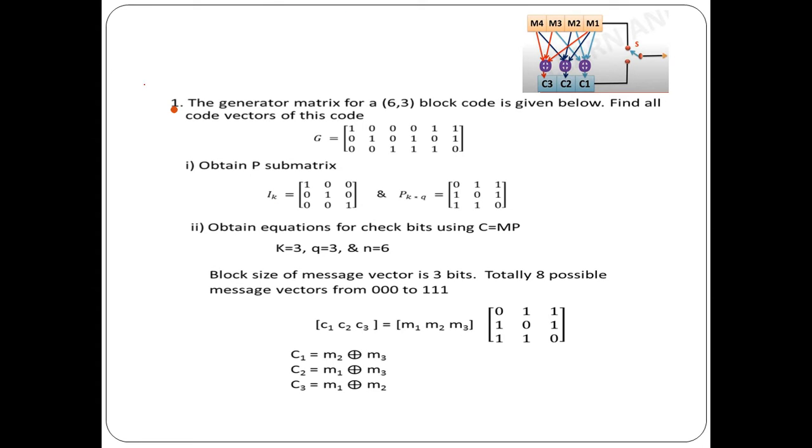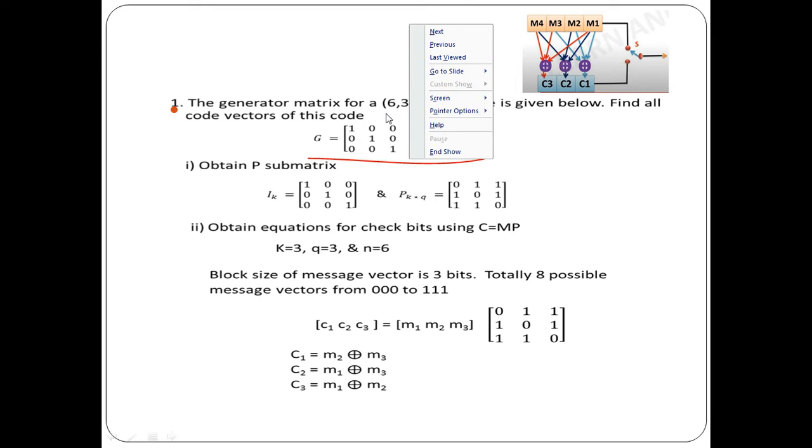See, the generator matrix of our 6 comma 3 block code is given below. So this is a generator matrix. Like I said earlier, in the data of a linear block code problem, they may give the generator matrix or the parity check matrix, any one of the matrices. Along with that, they will give a hint about the size of the linear block code notation.